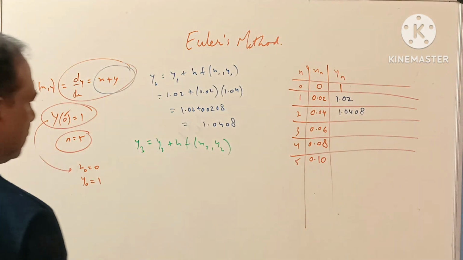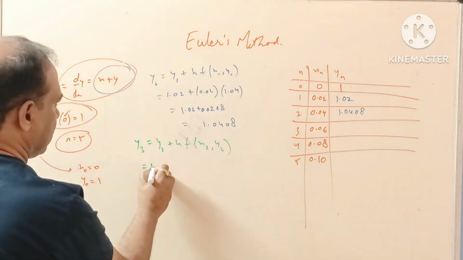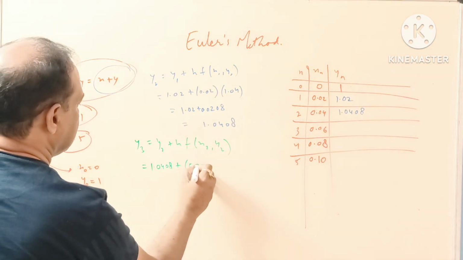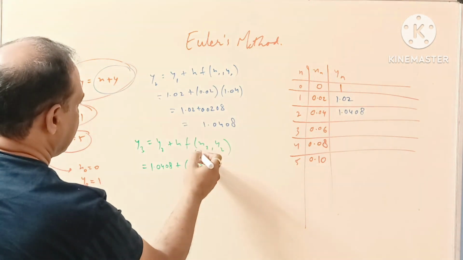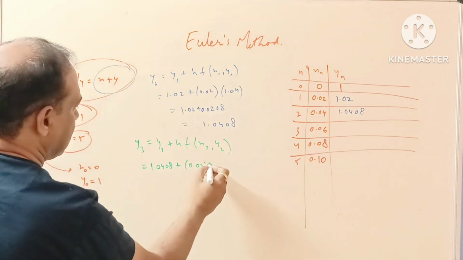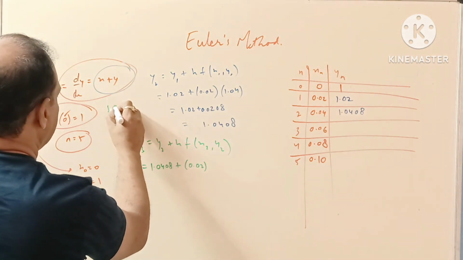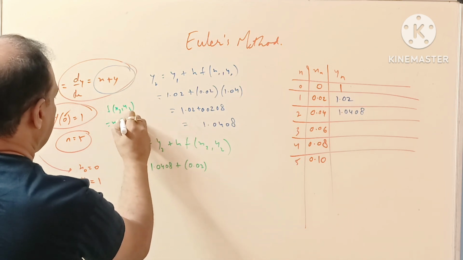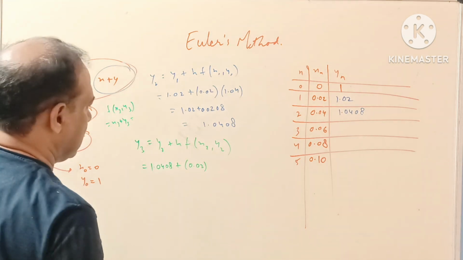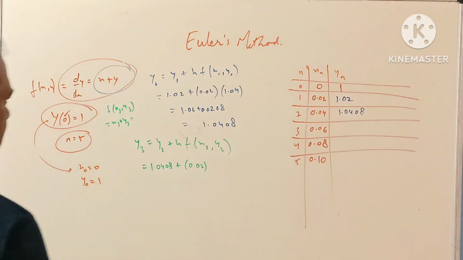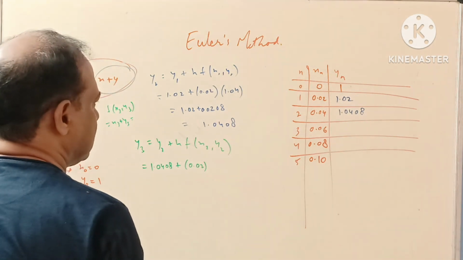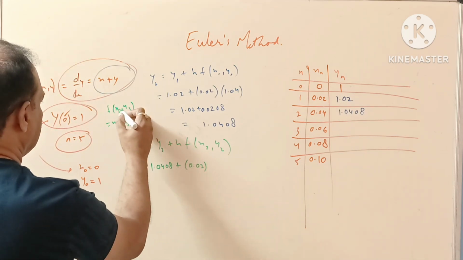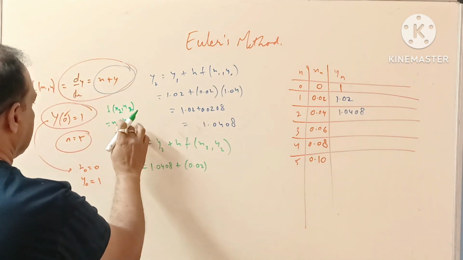Now here y2 is 1.0408, plus h is 0.02, and f(x2, y2) is x2 plus y2.